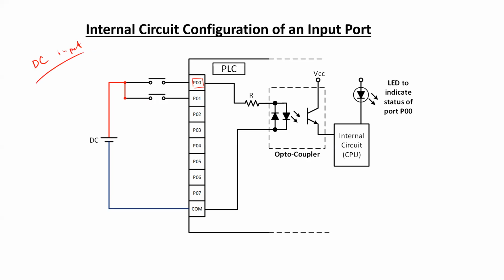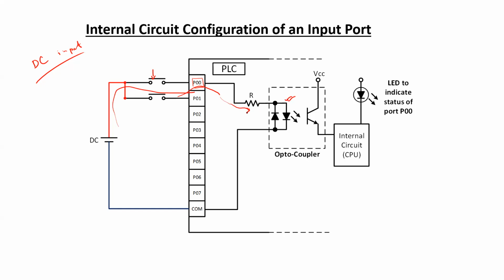So for this port P00, let's say we consider that an operator has pressed this push button switch, the switch is now closed. So when the switch is closed, there is supposed to be a current flow through this port that is going to come over here, and it is going to cause this particular LED to turn on.